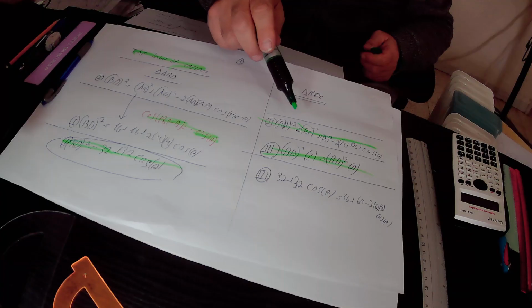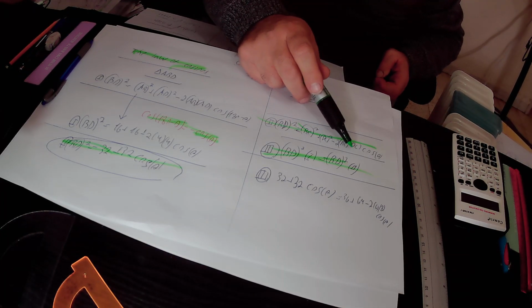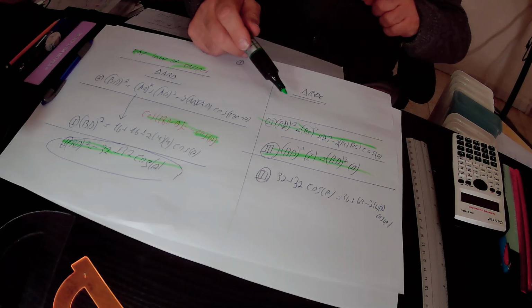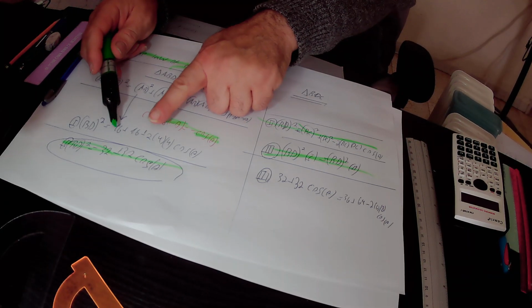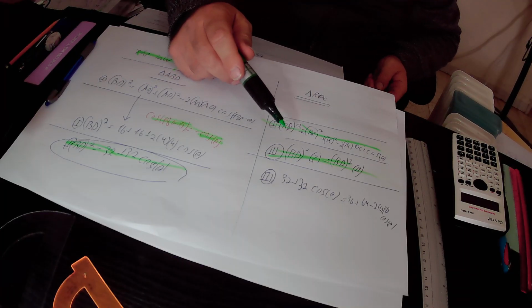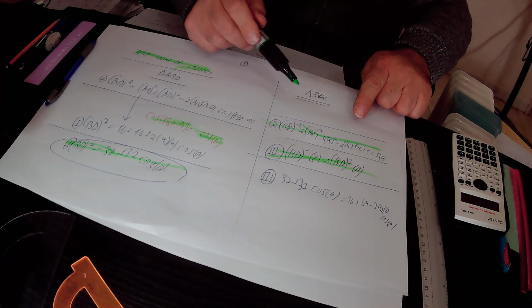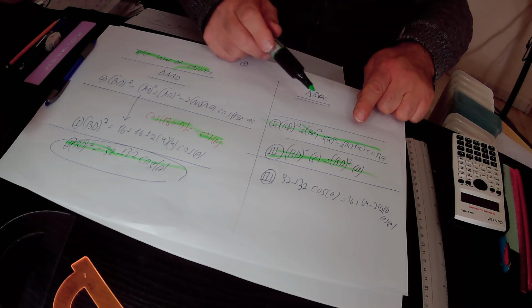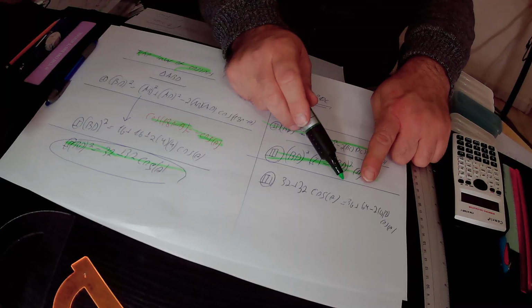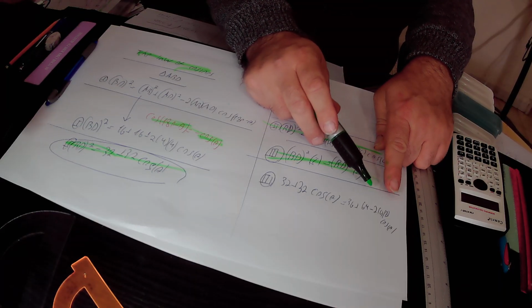Therefore, we get equation 3, which says that BD squared according to equation 1 must be equal to BD squared according to equation 2. BD squared according to equation 1 equals 32 plus 32 times cosine theta, and it must be equal to 36 plus 64 minus 2 times 6 times 8 times cosine theta.